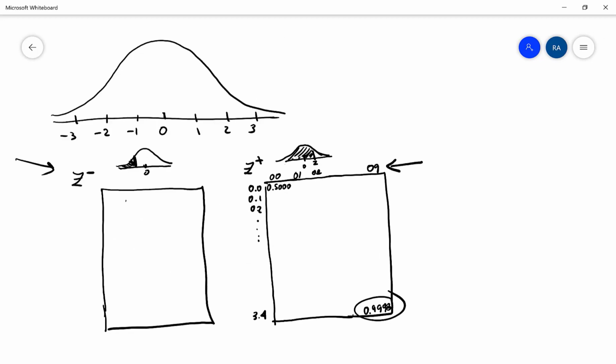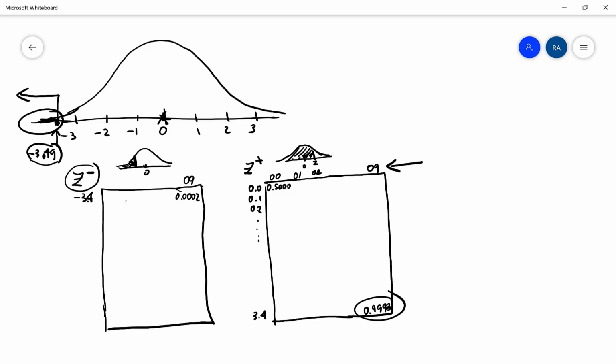Then in the negative z-score table, we have the area to the left for all values that are located to the left of the mean. In this table, we start with this point that is located 3.49 standard deviations to the left of the mean. The area to the left appears in this corner, which is 0.0002. This corresponds to this z-score 3.4, and the second decimal is 9.